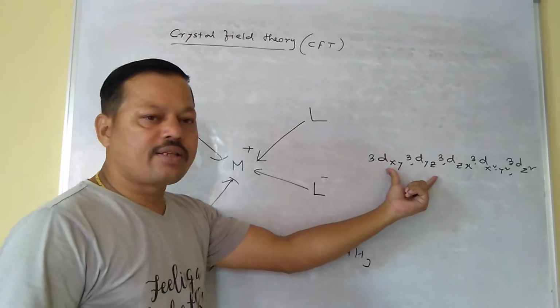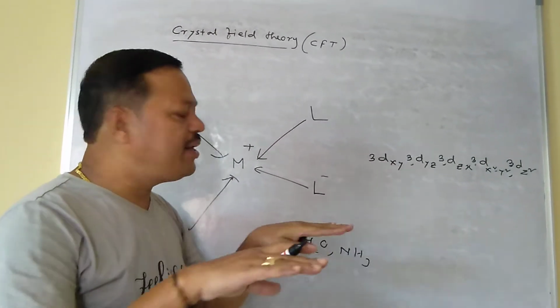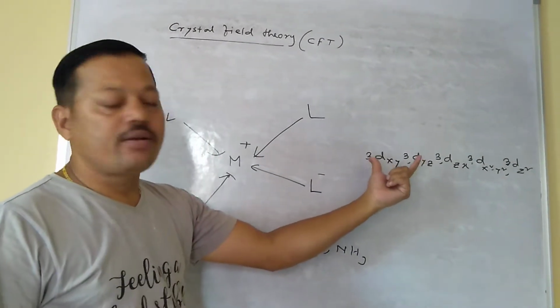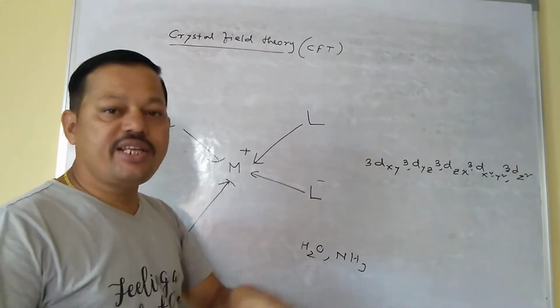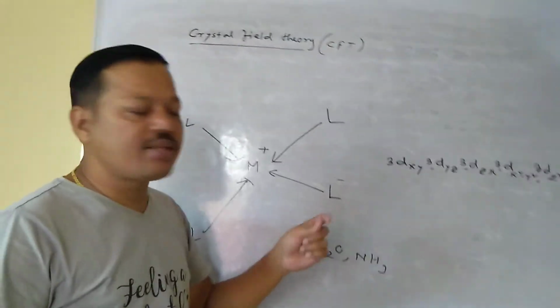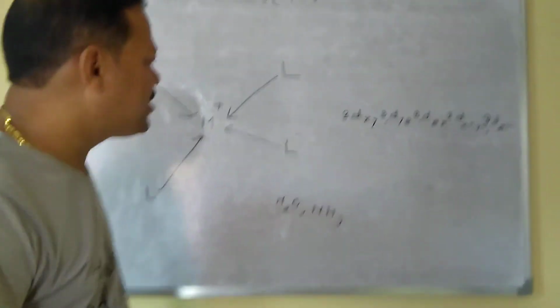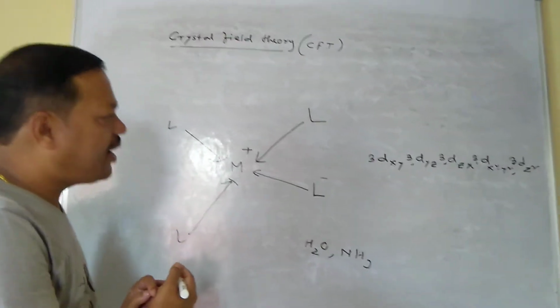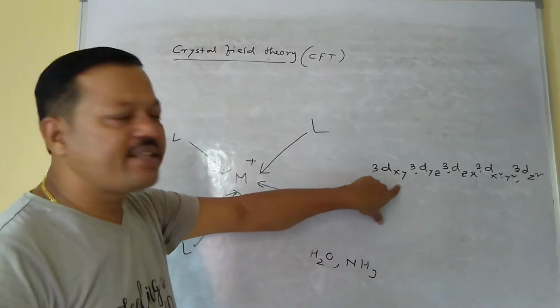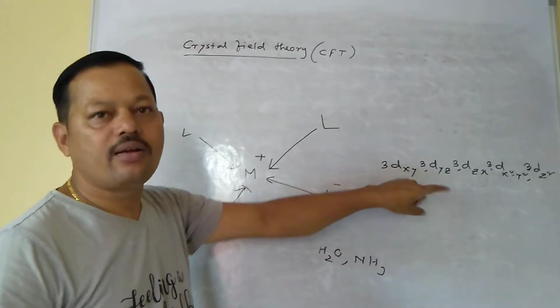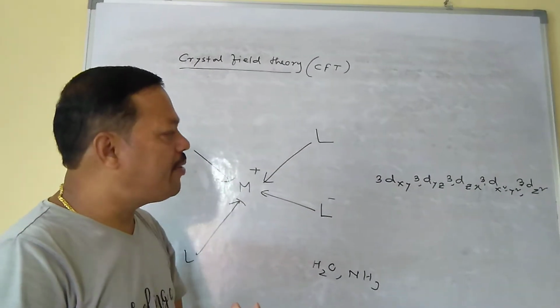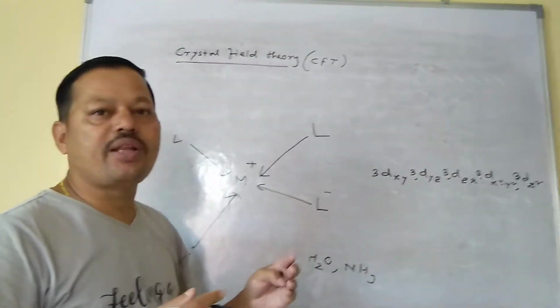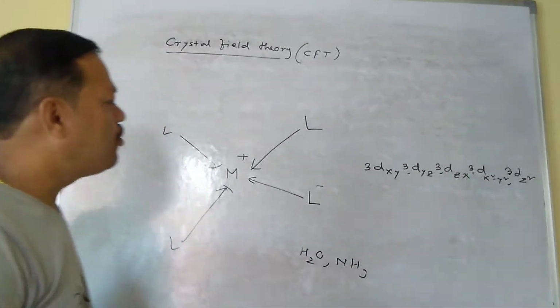Now these orbitals have equal energy, and that's why these orbitals are called degenerate orbitals. Degenerate orbitals means they have equal energy. But when the ligand comes towards the metal, then this degeneracy of the orbitals gets split. I mean, the degeneracy of the orbitals will break. And how will it break?